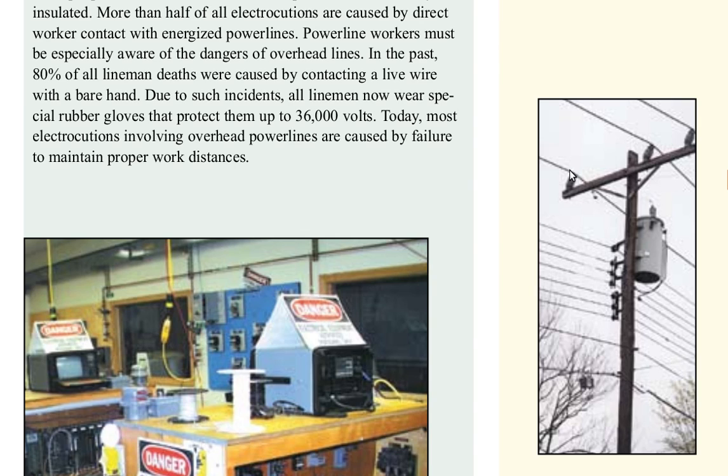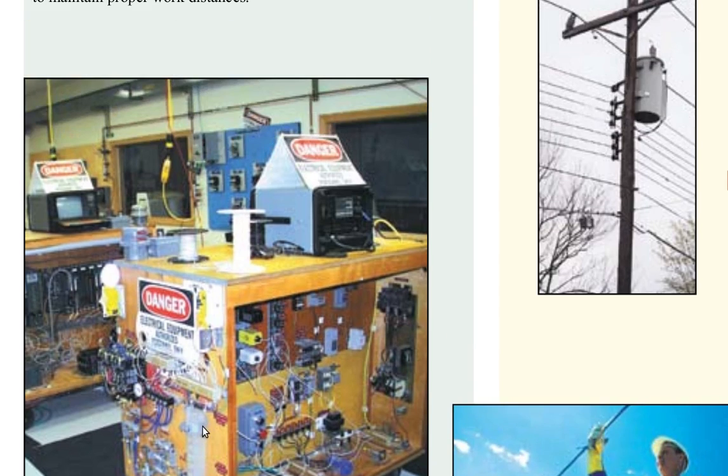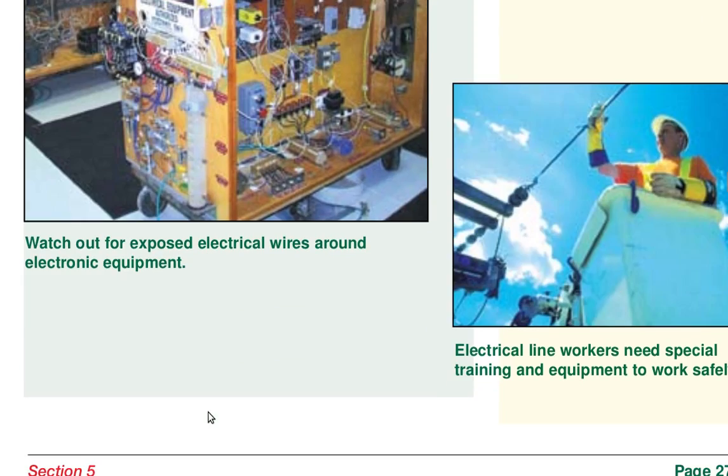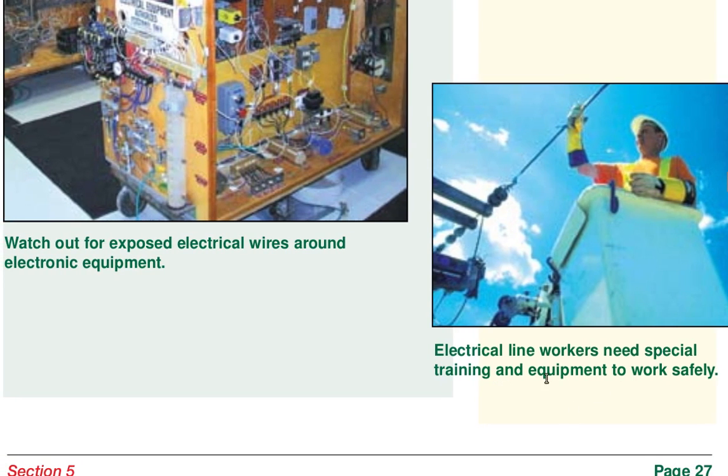For example, it may be 24,000 volts on the high voltage side and 240 volts between live and live on the low voltage side, 120 volts between live and neutral on the low voltage side. Watch out for exposed electrical wires around electronic equipment. Electrical line workers need special training and equipment to work safely.